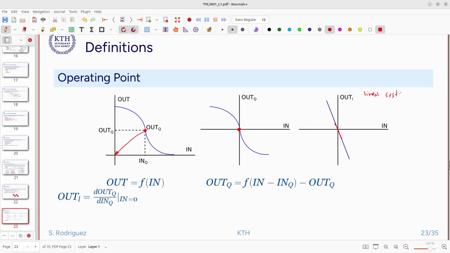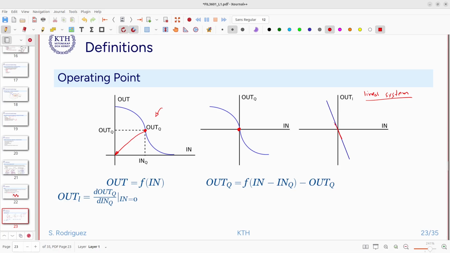So there is a linear system, and then we can use mathematical tools that work with linear systems. For instance, we can use the Laplace transform, the Fourier transform, superposition, different tools that only work for linear systems. We cannot use those ones here.